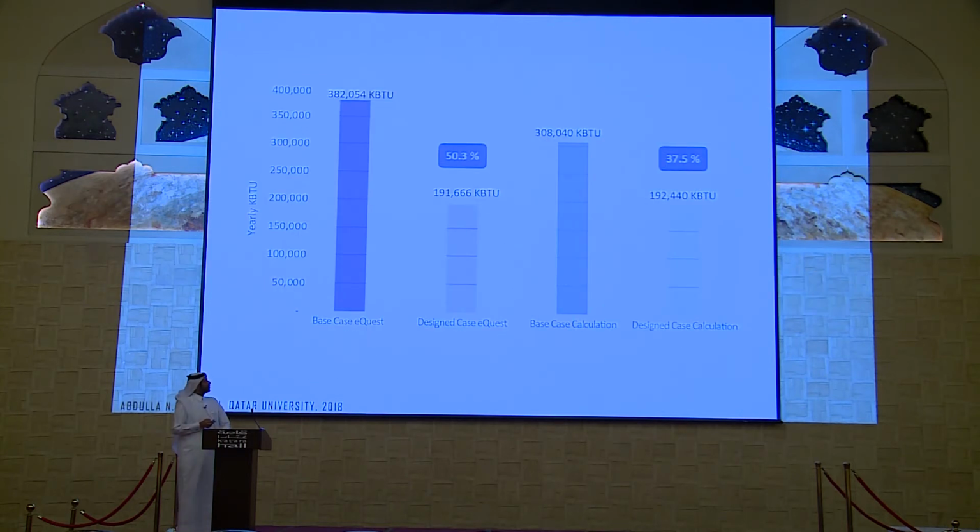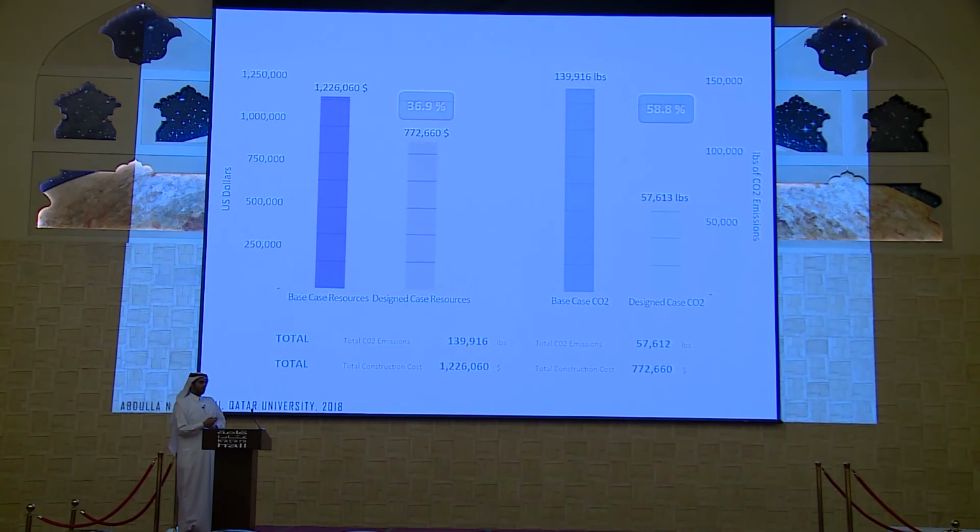When we compare that, through the calculation method we found a 37.5% reduction in energy use. This is just on paper. But in the simulation, you find more benefits: about 50% energy use reduction, and that's just because the spaces tend to shade one another. So there's a dynamic component in this process.